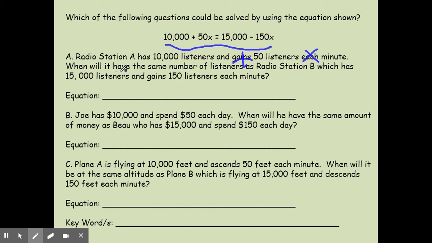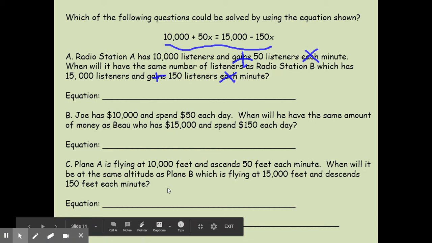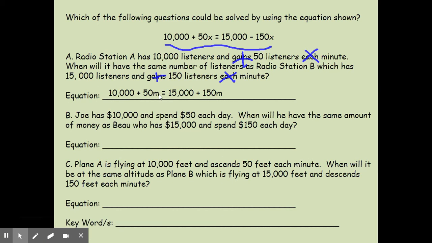And then it says, when will it have the same number of listeners as Radio B, which has 15,000 listeners and gains, so gains again means we're adding, 150 listeners each minute. So anytime we see the word each, that means that's where my variable goes. Okay, so we have 10,000 listeners plus 50 listeners per minute equals 15,000 plus 150m.